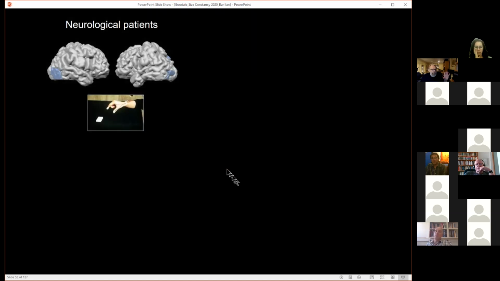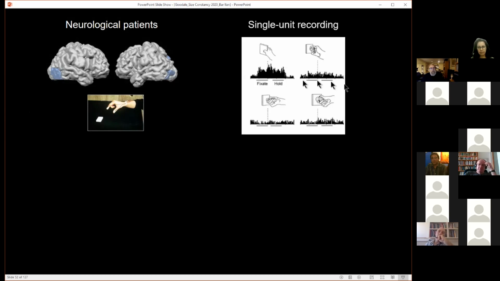Okay, so I'm not going to belabor this anymore, but there's a lot of evidence from neurological patients that this division of labor in the cerebral visual pathways is a viable way of characterizing the transformations that are performed in these different visual pathways. There's lots of evidence from single unit recording in monkeys.